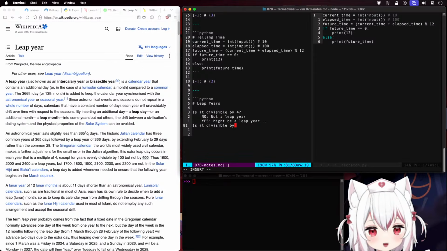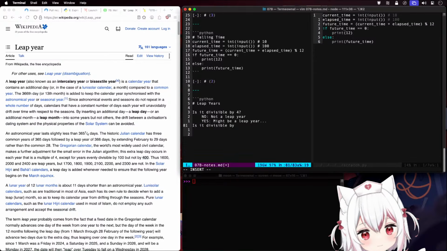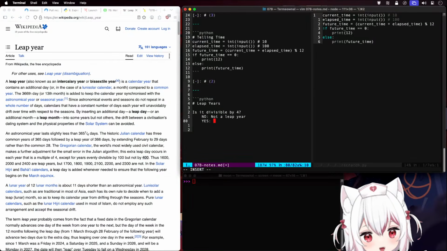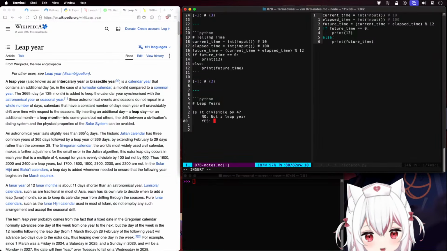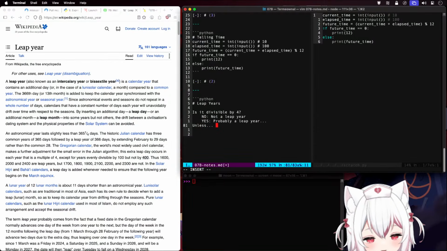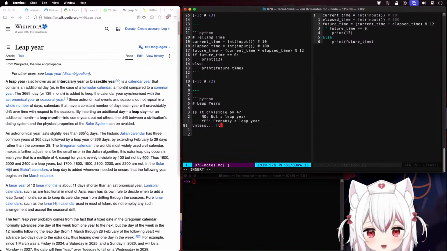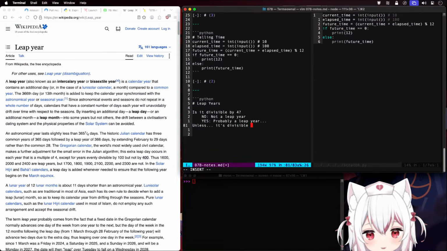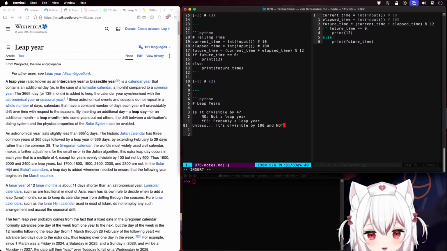This is the part that's confusing me. If it's divisible by 4, it's probably a leap year. Unless it's divisible by 100 and not by 400.